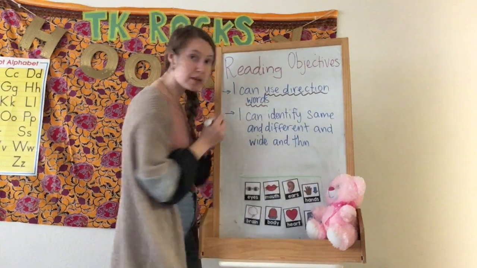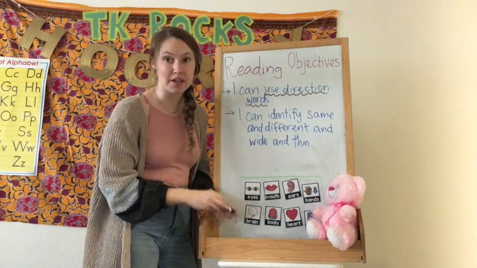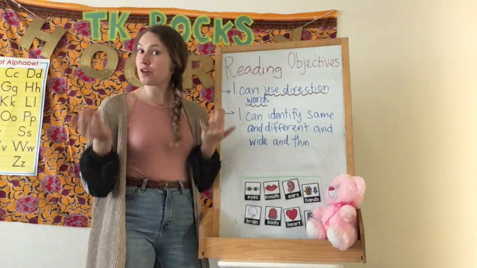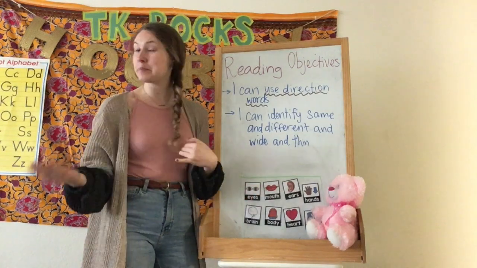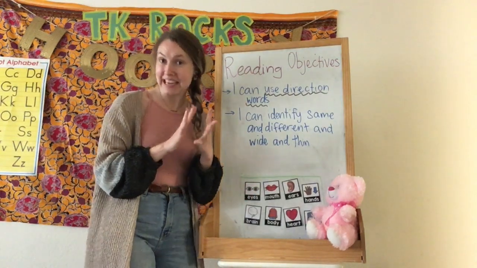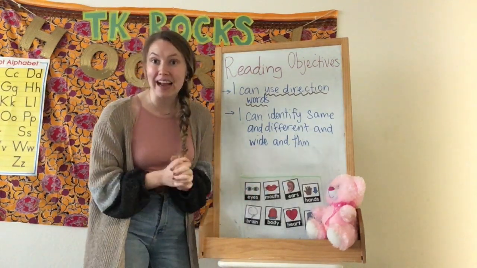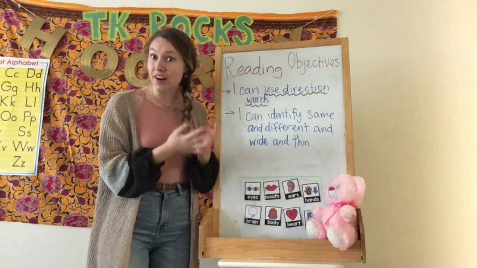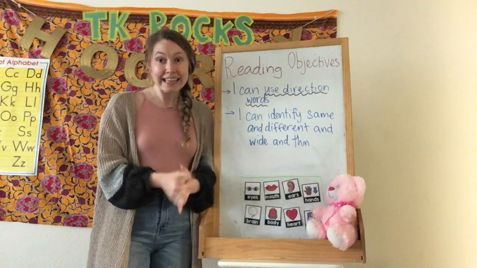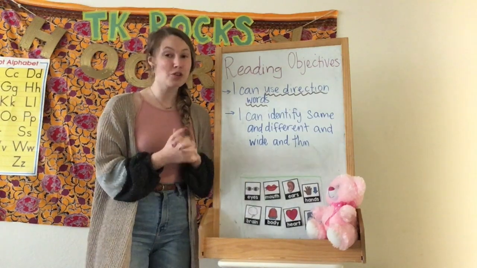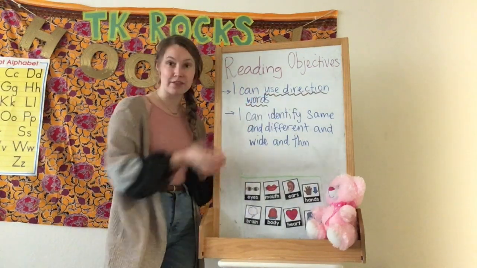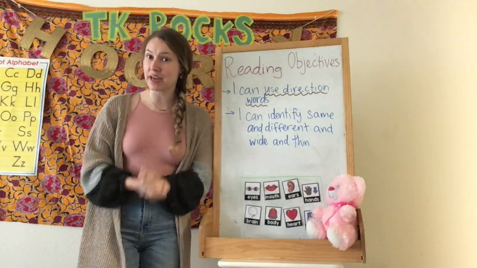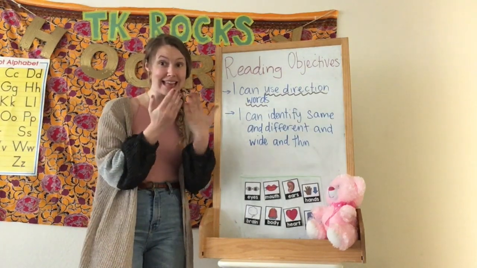Today we are going to be using different direction words like across, around, next to, beside, in between. All these words that we've been practicing, we're actually going to be using to help one of our characters from our story get through a maze. So that's going to be our first objective. Now, in order to use our direction words, we need to say them.